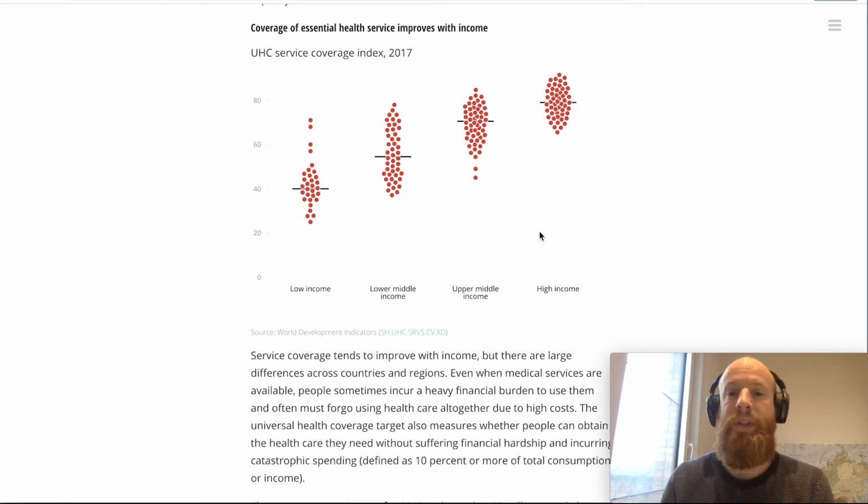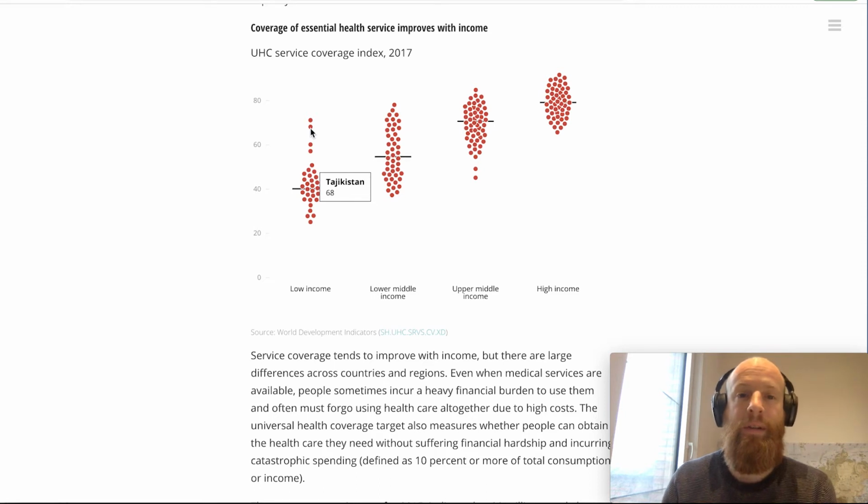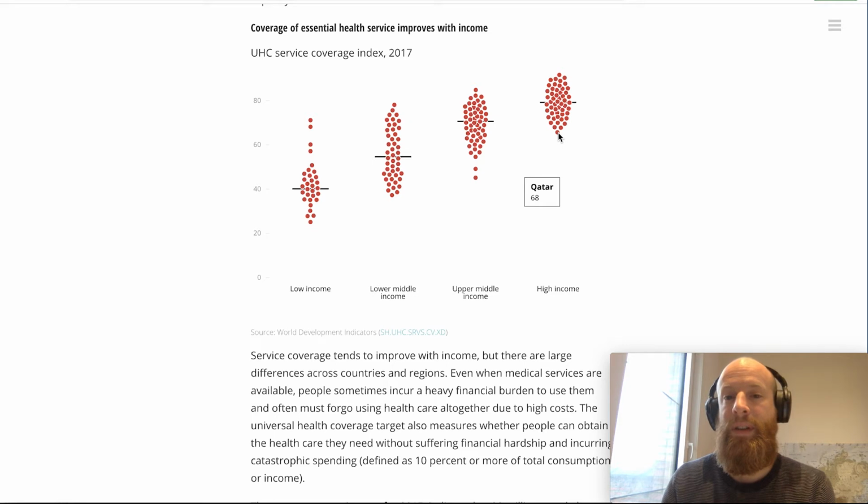But you can also see that there is quite some spread, and that in low income countries you might have very high healthcare coverage and high access to healthcare, while in richer countries, this index can be lower.